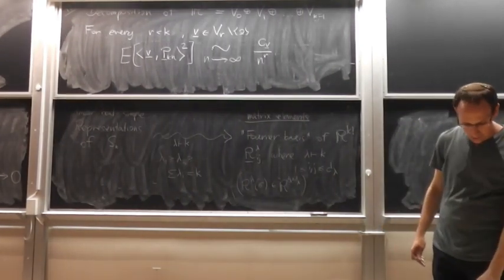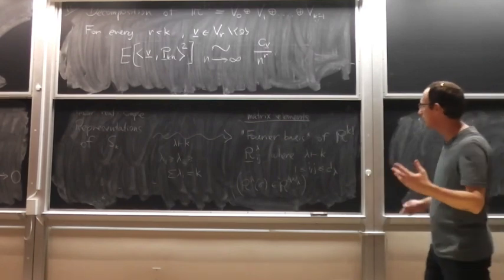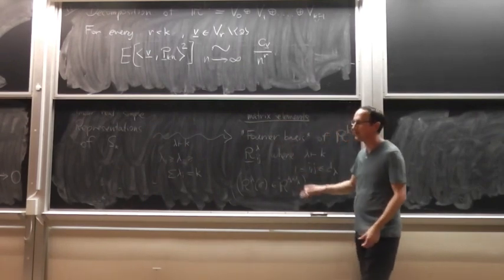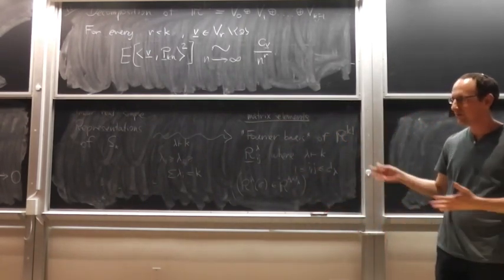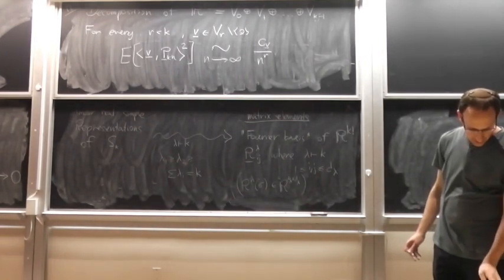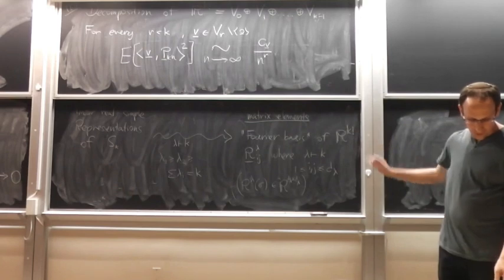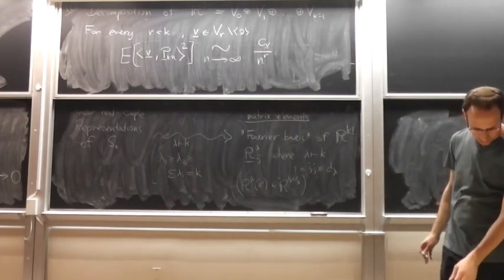What we're going to say is going to be right for any choice of this Fourier basis. Maybe in the abelian world, where you're used to a unique Fourier basis, this is not the case.